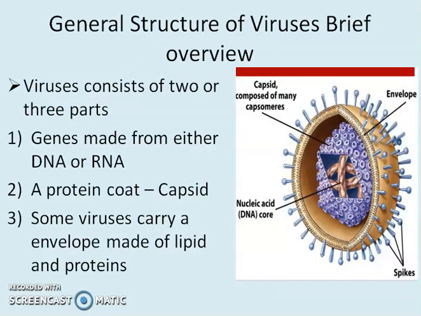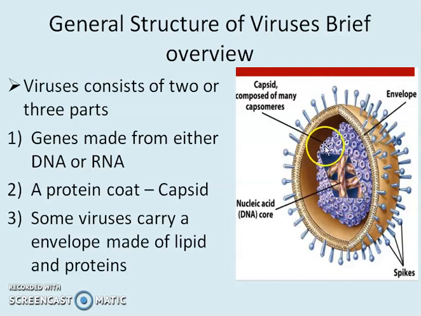And then we will briefly look at the structure of viruses. Viruses, you know, consist of 3 parts or sometimes maybe 2 parts. The first part is the inner core, this submicroscopic particle having an inner core which is the genetic material, made up of either DNA or RNA.